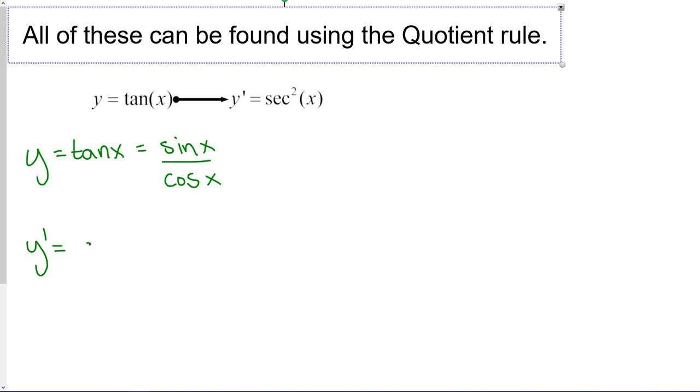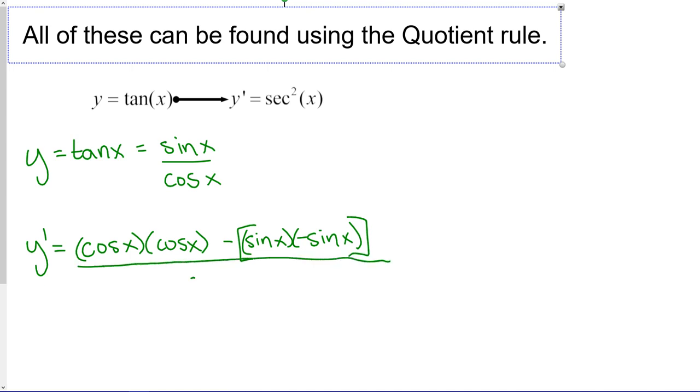It's going to be low d high, our derivative of sine of x is cosine of x. We subtract high d low, so sine of x times the derivative of low, which is negative sine of x. And this is all over low, so cosine squared of x.